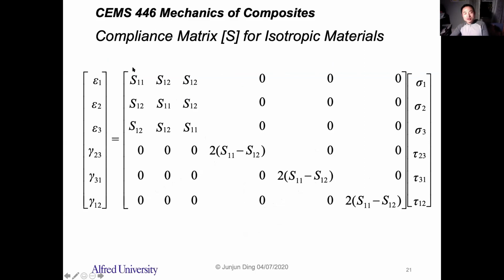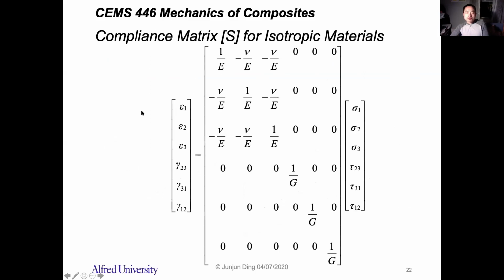If you write it in this format, you'll see you only have two independent values, S11, S12, and this is G. For the compliance matrix of the isotropic material, you also have two independent values, so this is S11, S22, S33. Oh, so this is the same.